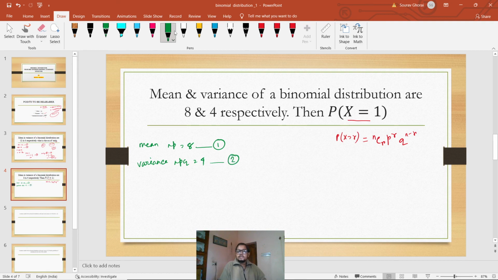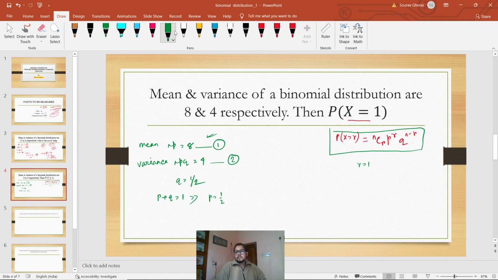Similarly, we have to find the value of q by using 1. If we use 1 here, we will get q is equal to half. And if we use the relation p plus q is equal to 1, this will also give p equal to half. Okay. So now from this relation, we have to find the probability at r equal to 1.